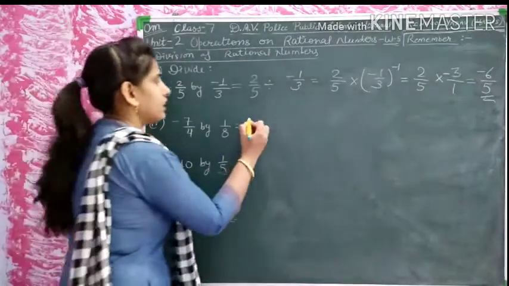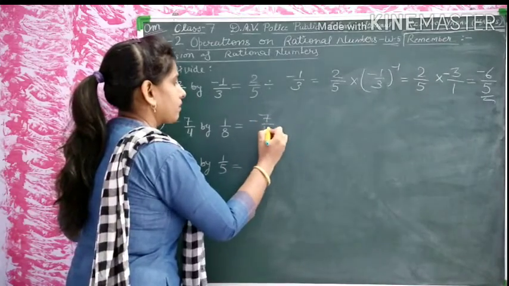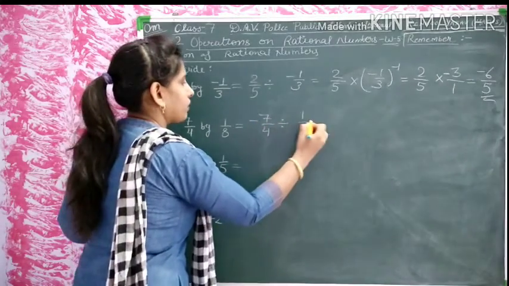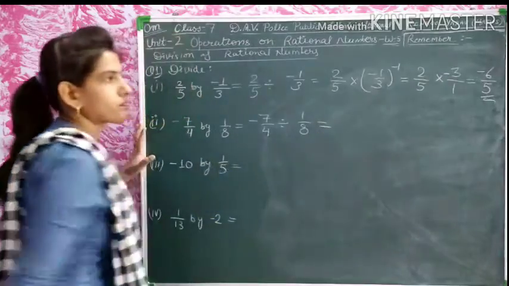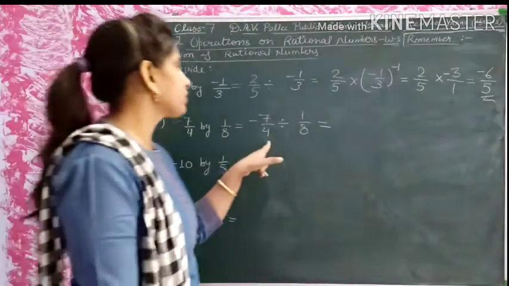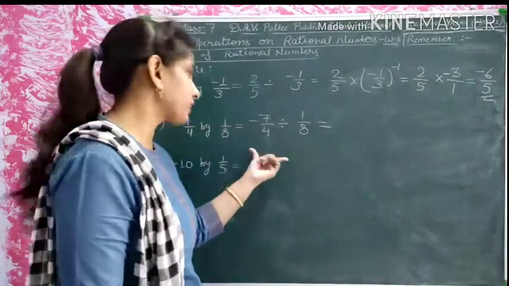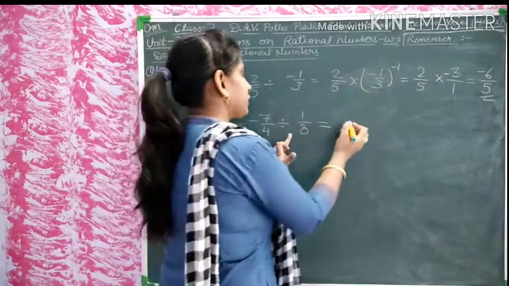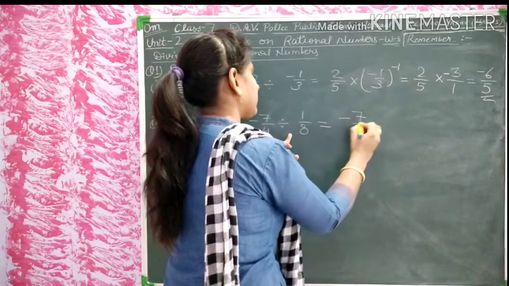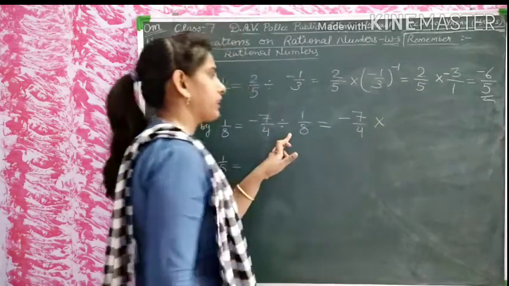Same as before: minus 7 by 4 divided by 1 by 8. Now we have to solve this problem. Same here: divide changes into multiply. Minus 7 by 4, this will change into multiply.